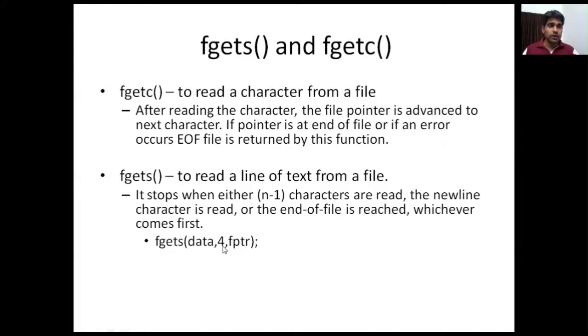So if you want to read the first 3 characters, you will enter 4, because as it's going to be a string, the last null character will be attached to it. So if you want to read 3 characters, you need to give 4. Similarly, if you want to read n characters, you need to give n plus 1 as the size here. Okay, so the name, size, and this is the pointer with which we have opened the file.